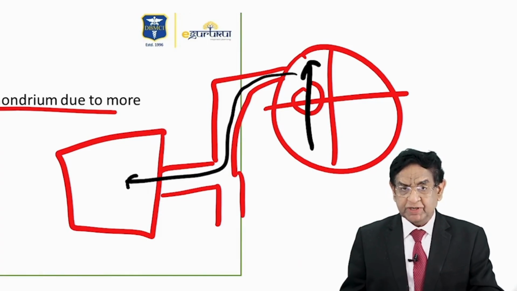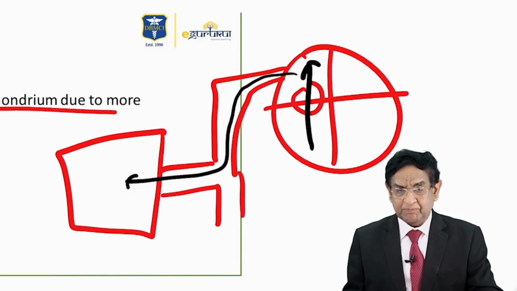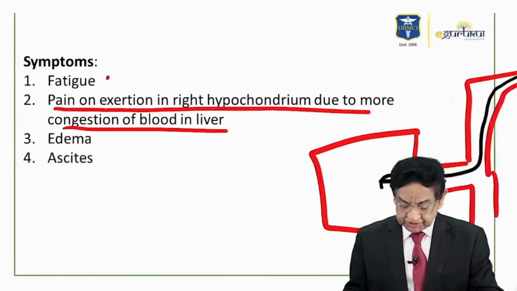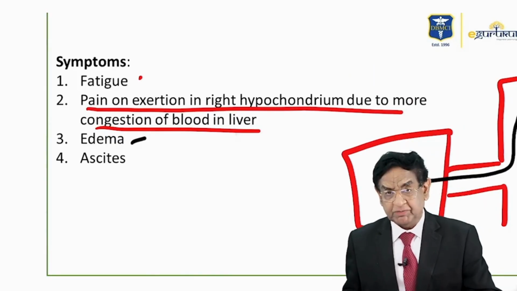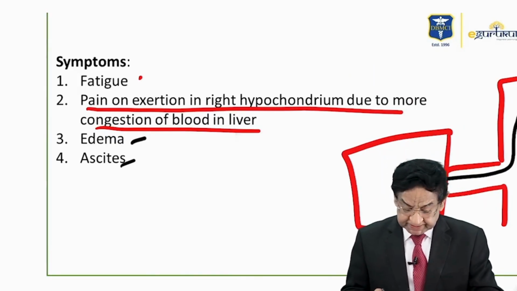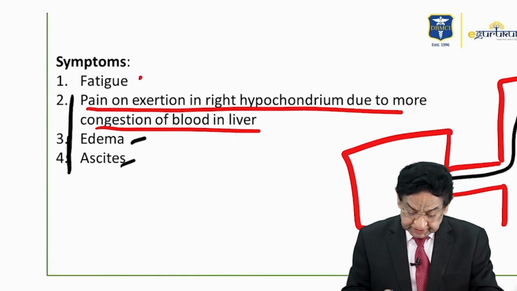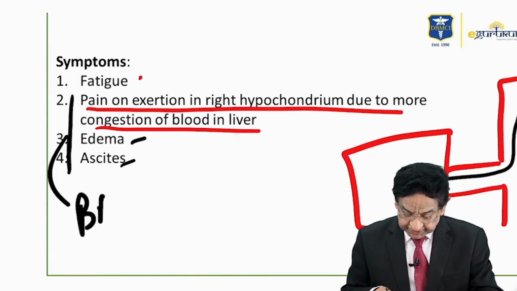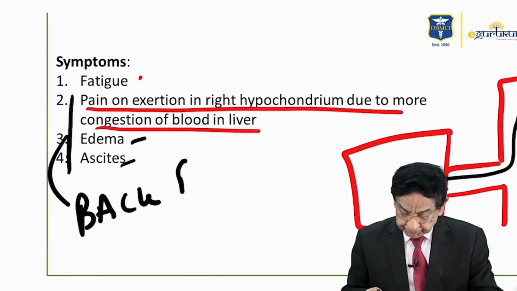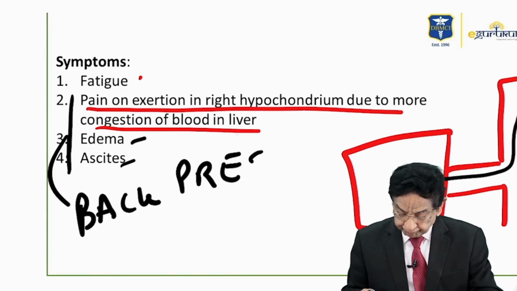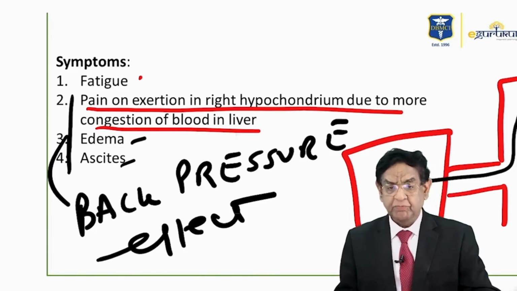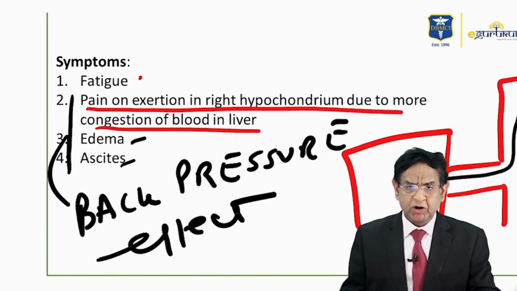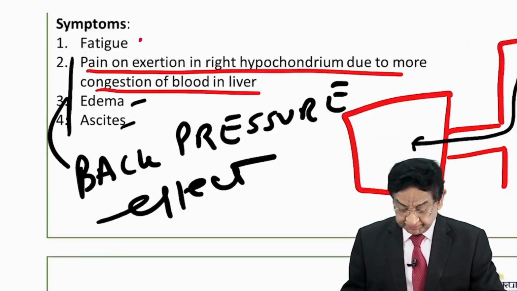But that will also give you a classical finding on palpation, which I'm going to discuss in a minute. Edema feet, again, all because of back pressure, and due to the same, ascites. All these are back pressure effects. Backward flow, backward pressure, whatever you can say, all because of backward flow.